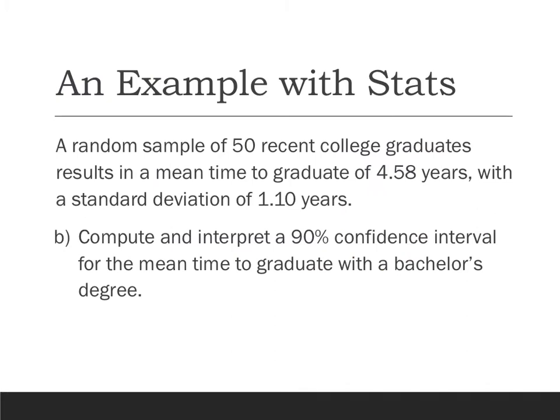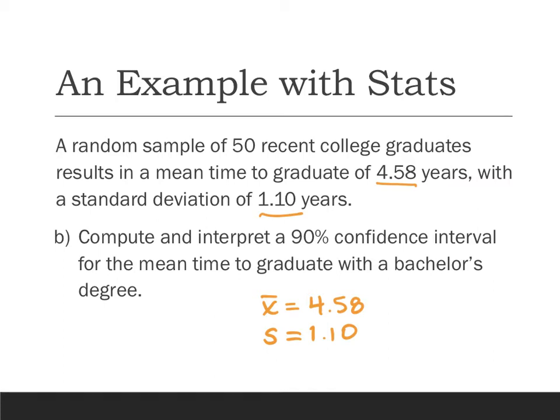Great, so now let's actually compute and interpret a 90% confidence interval for the mean time to graduate with a bachelor's degree. So again, we have statistics this time. So we have an x bar, a sample mean of 4.58 years, and we have a sample standard deviation given to us of 1.10 years.